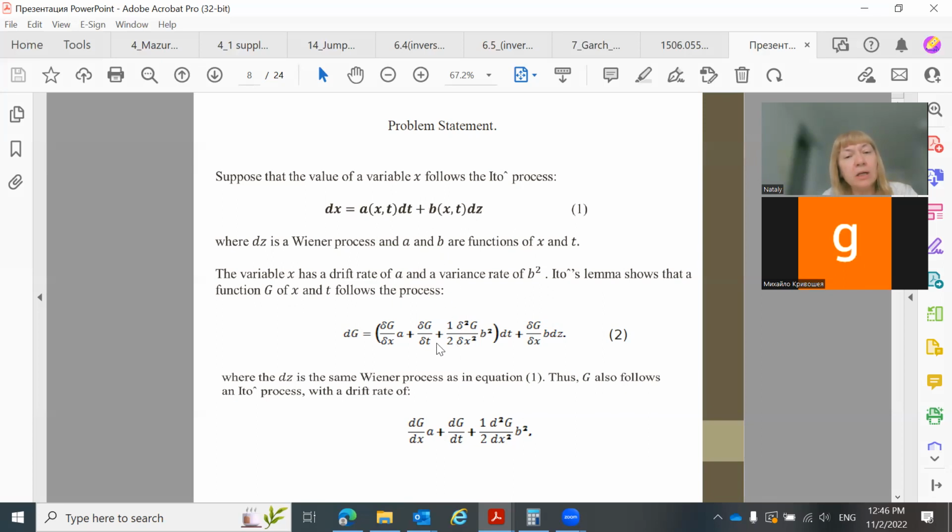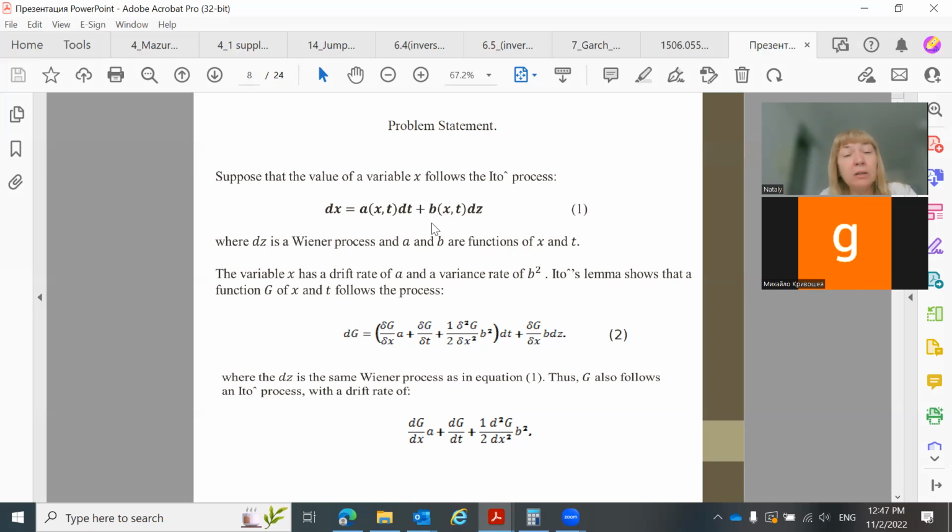Yes, and we proved this in the previous lectures. So you see that the form is the same. We have a coefficient function multiplied by dt, and another coefficient function multiplied by dz.